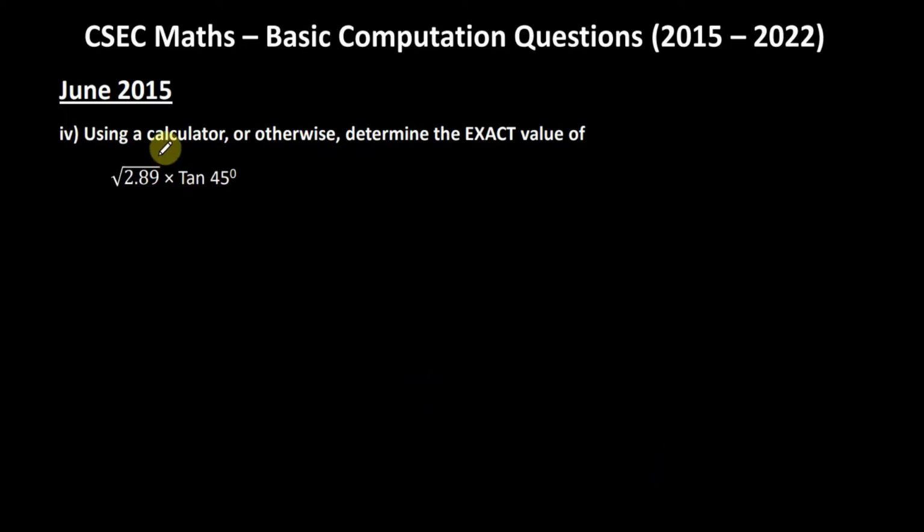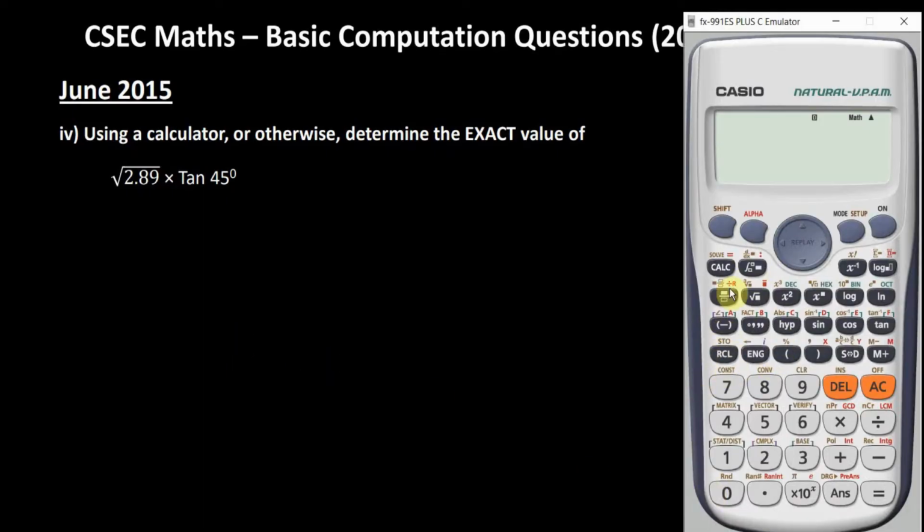And again they did say using a calculator, so I'm going to pull up my calculator here, and I'm going to plug this in as it appears, right? So the square root, and that's where you find the square root sign right there, square root of 2.89.